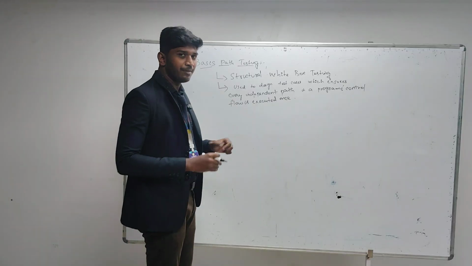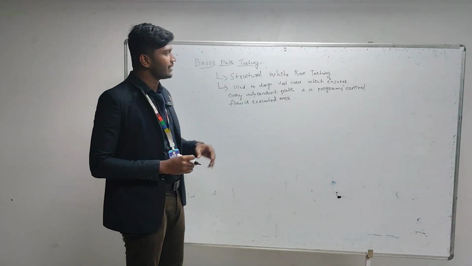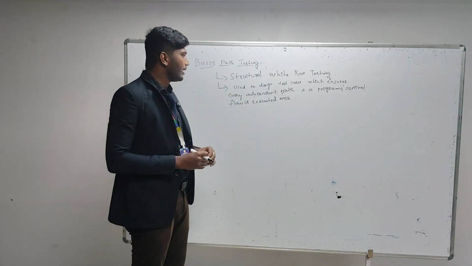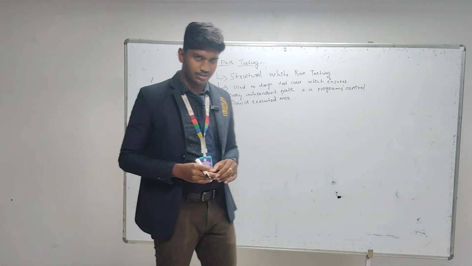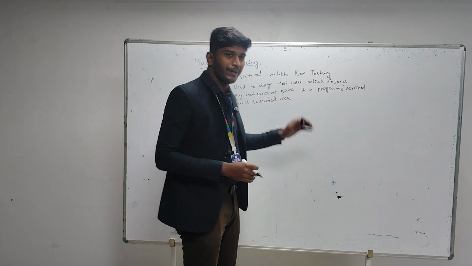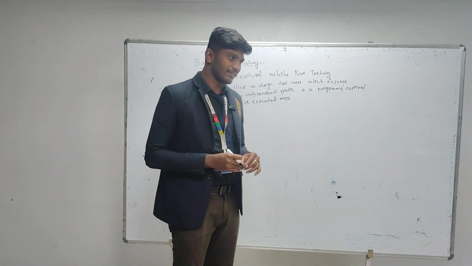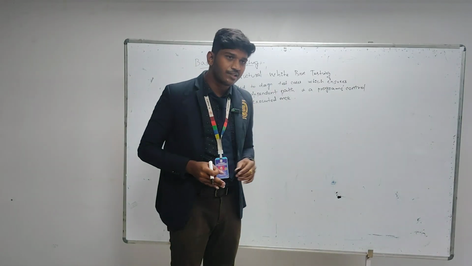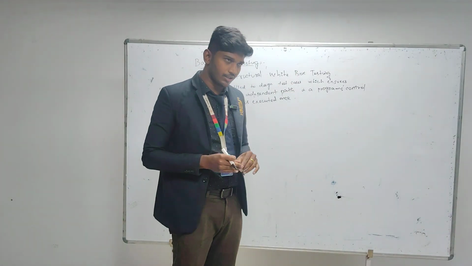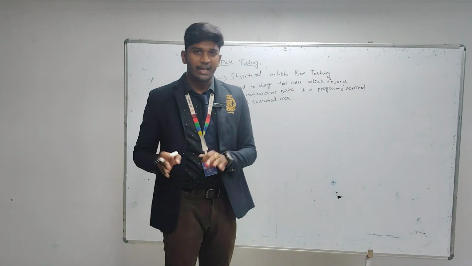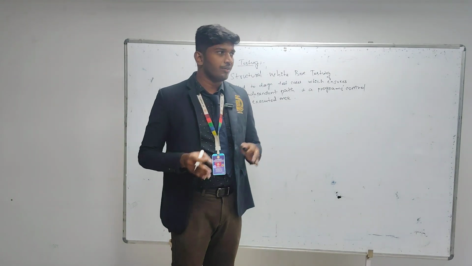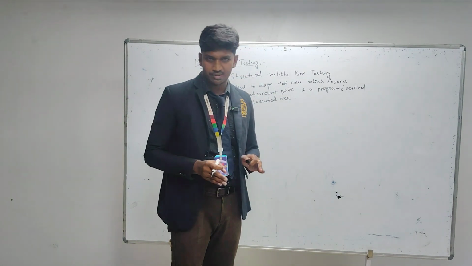The second point says it is used to design test cases which ensure every independent path in a program's control flow is executed once. So what is an independent path? When we are writing a set of programs or algorithms, we have to trace it from the start to the end, from head to toe, reading out the sequence.